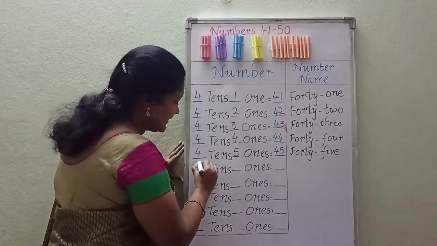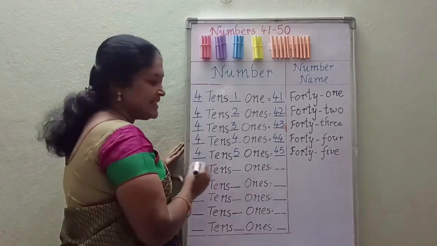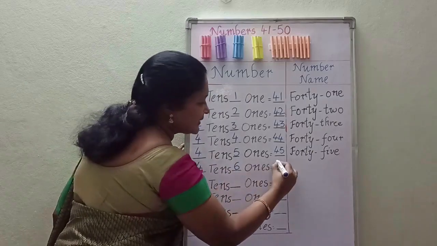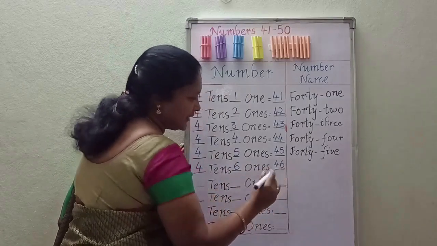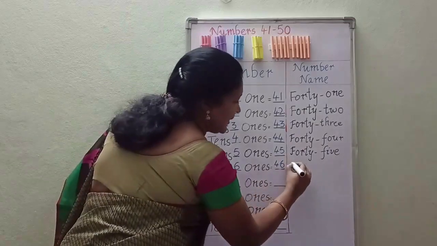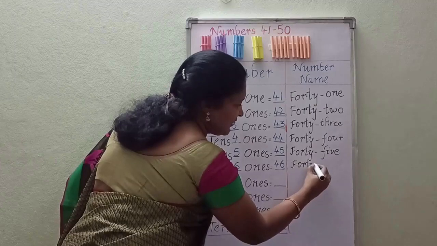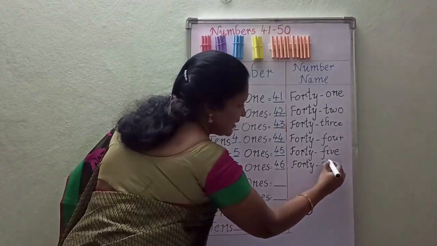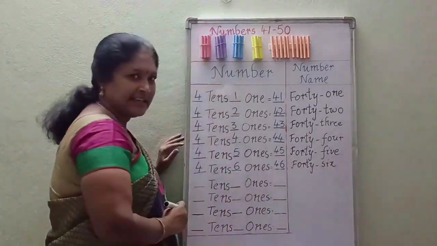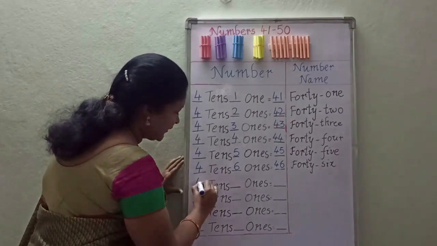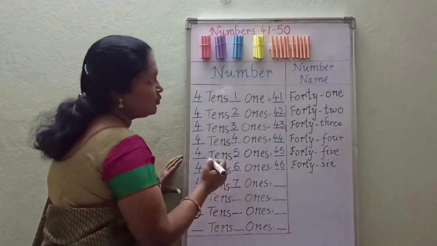45. And next, 4 tens, 6 ones. That is 46. What is the spelling of 46? F-O-R-T-Y, 40. S-I-X, 6. 46. 4 tens, 7 ones.